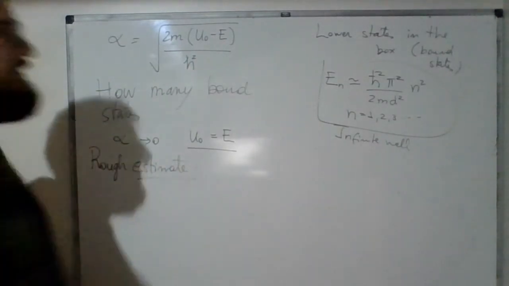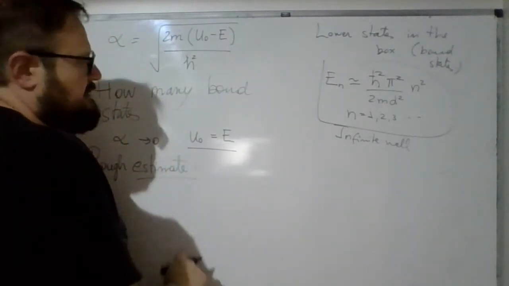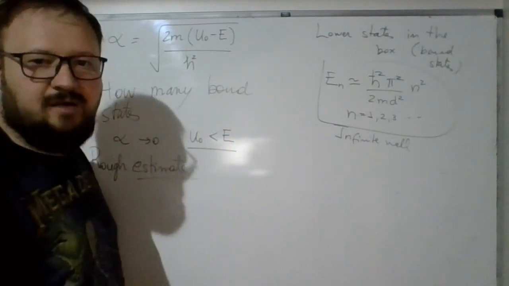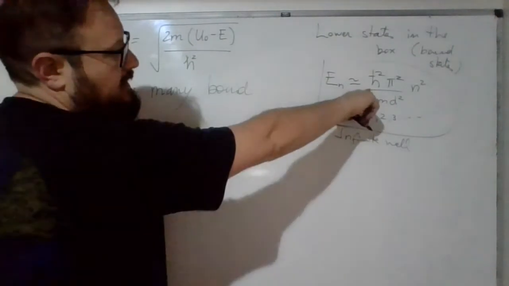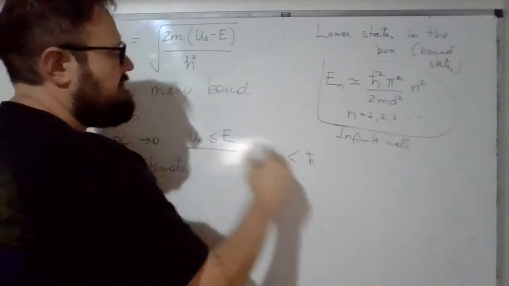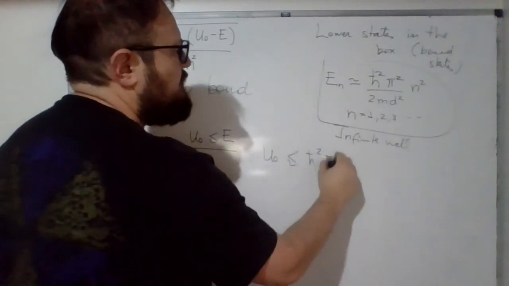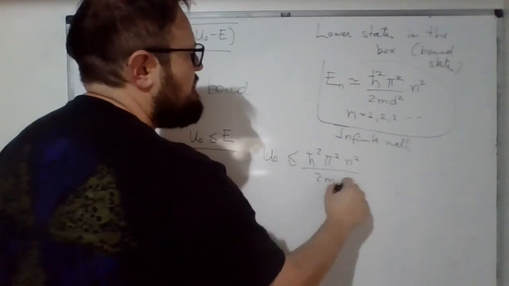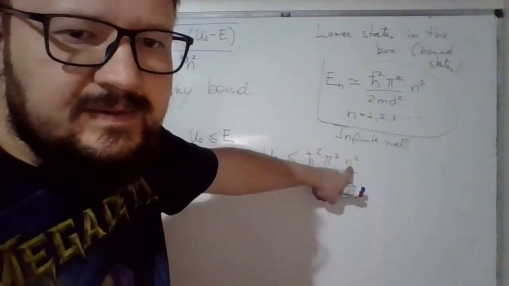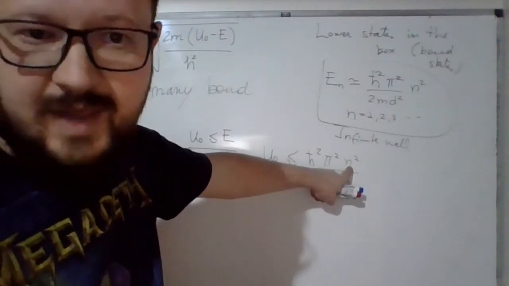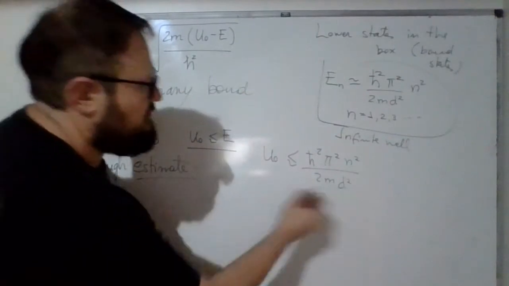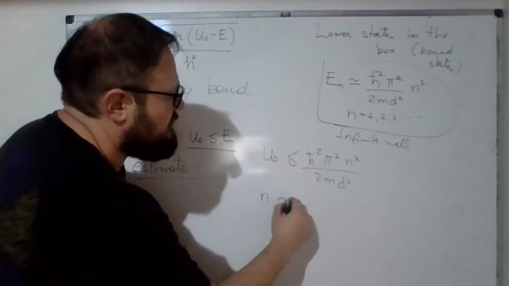Of course, the energies must be lower than U naught to be bound states. And in this case, if you plug in that equation, U naught must be lower than, at least approximately, h bar squared, pi squared, n squared divided by twice mass, d squared. Then you'll find your maximum n, considering an approximate value for the energies inside the box.